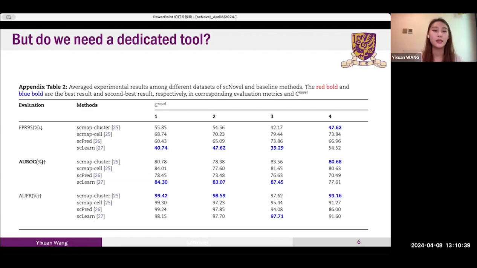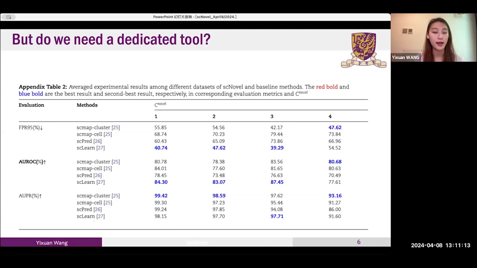The question is, do we really need a dedicated tool for novel rare cell type detection? To answer this question, we conducted extensive experiments and used the AUROC value as our main evaluation metric, also incorporating FPR95 and AUPR for additional reference, since AUROC is more suitable for this setting when the classes are imbalanced.